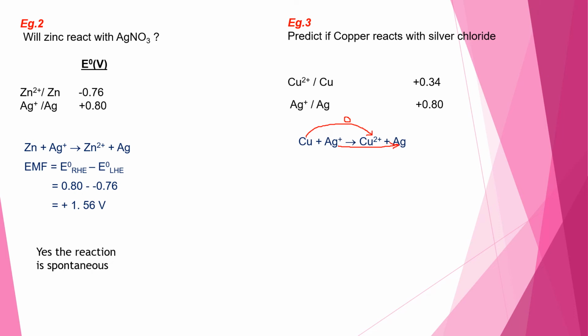So let's use the electrode potential value of the reduction half cell of silver and the oxidation half cell of copper. When we calculate the EMF, this is what we get. The value comes to positive. Again, we can say that the cell reaction is possible, meaning copper can react with silver ion, but silver metal cannot react with copper ion.